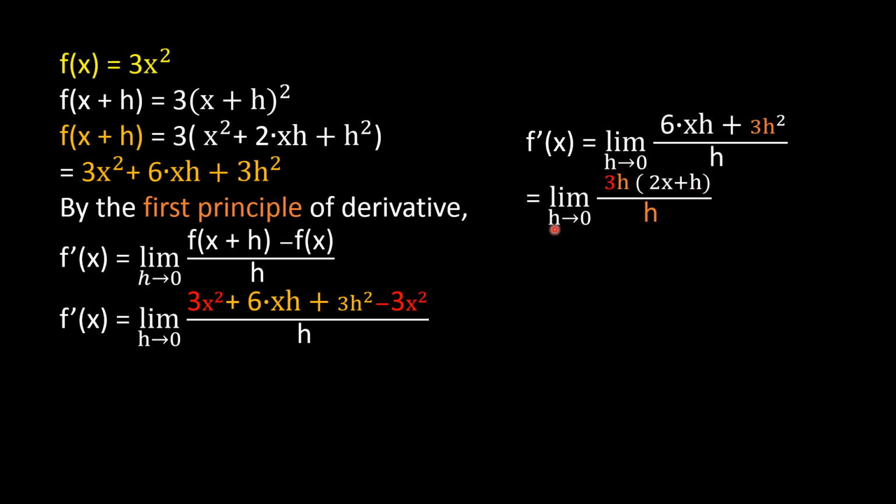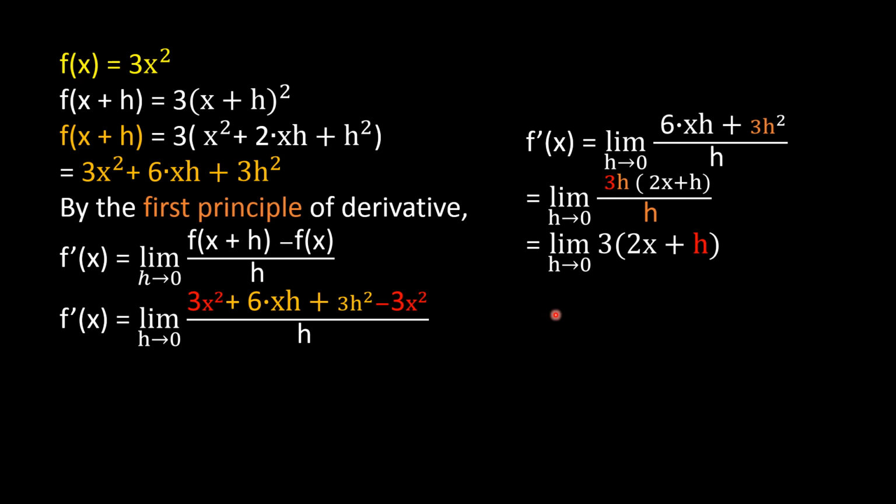Now as h approaches 0, h is not equal to 0, so we can cancel this h from numerator and denominator. So we get 3 times 2x plus h.